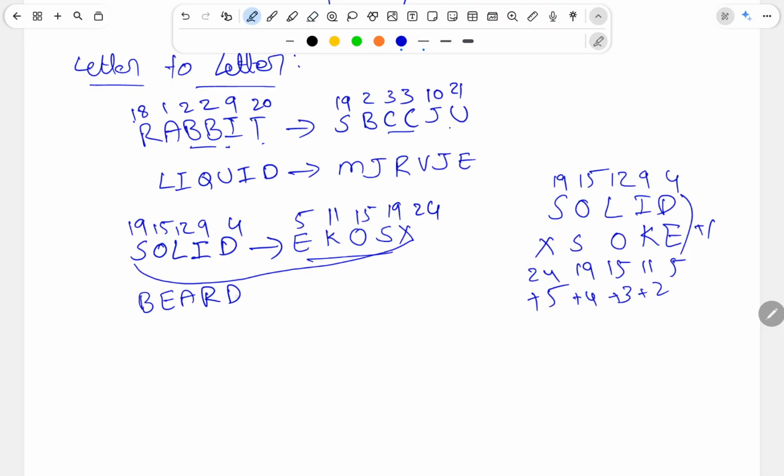So first D plus 5 is I, then R plus 4 is V, then A plus 3 is D, and E plus 2 is G, and B plus 1 is C. This is our coding. Okay, so these kinds of questions there will be many, but with practice we can do that, otherwise we can't.